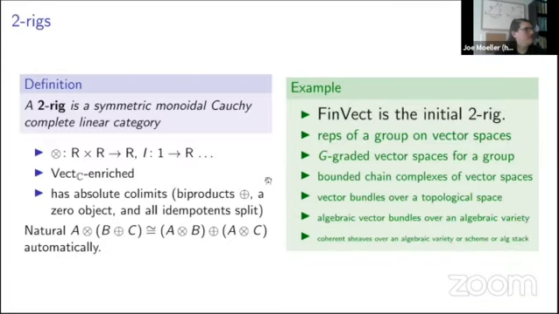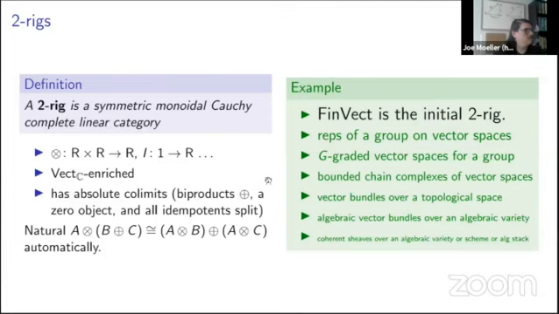So now we can begin to categorify these notions. A 2-rig is what we're going to use as the analog of rings, and it's slightly different than what Fosco mentioned earlier this week. It's a symmetric monoidal Cauchy-complete linear category.